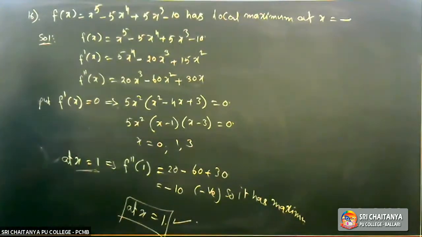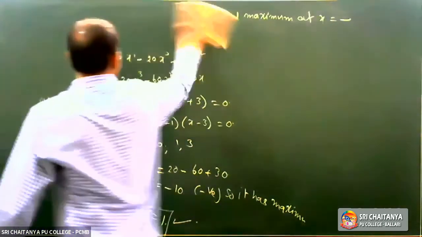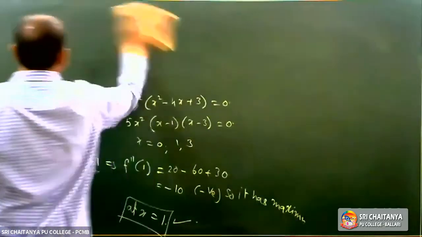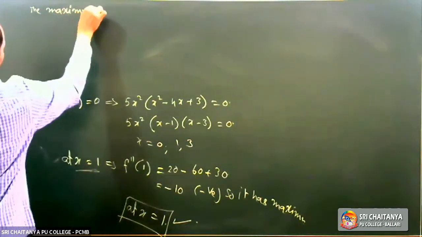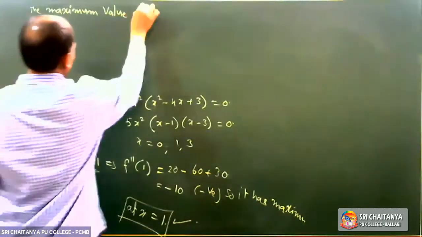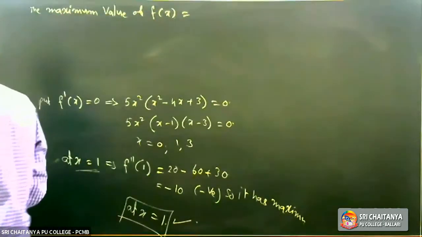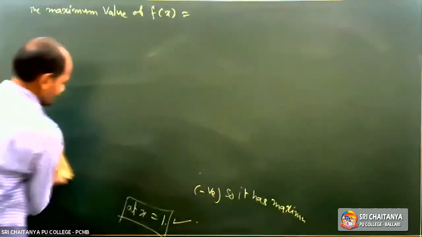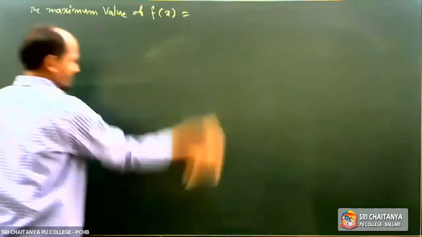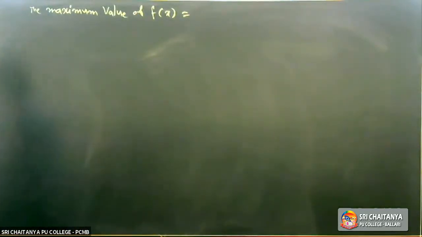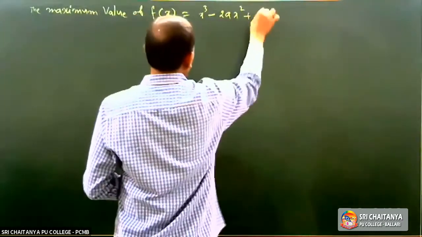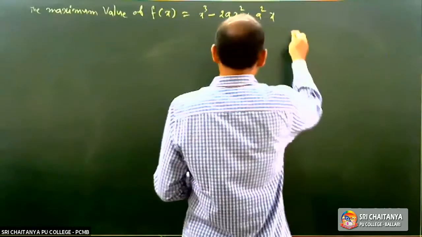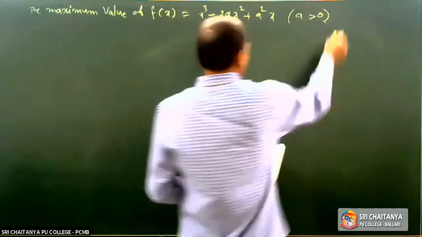Okay? Write down the next question. The maximum value of f of x is equal to x cube minus 2ax square plus a square x, if a is greater than 0.